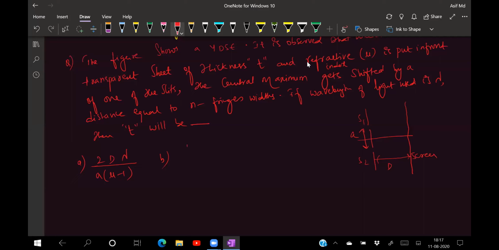The second option is D lambda divided by A into mu minus 1. The third option is 2n D lambda divided by A into mu minus 1. And option D is n D lambda divided by A into mu minus 1. See how many of you can do this one.